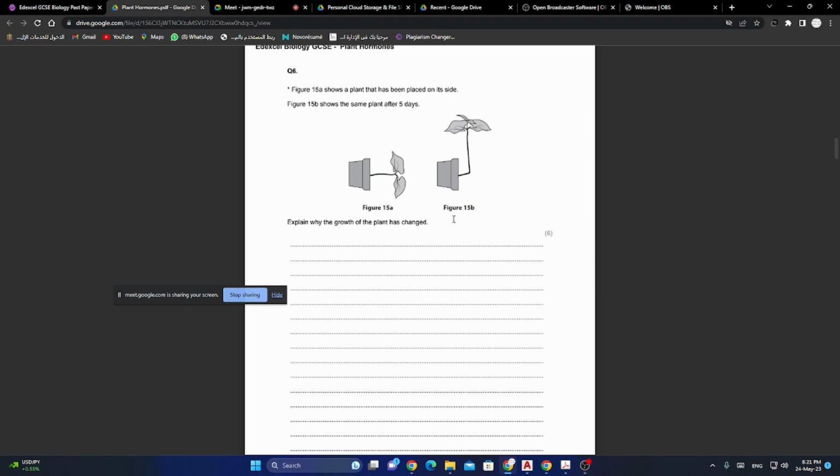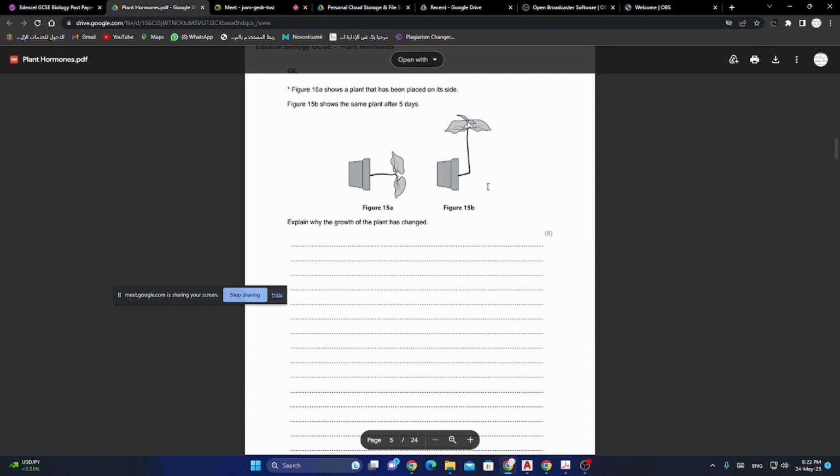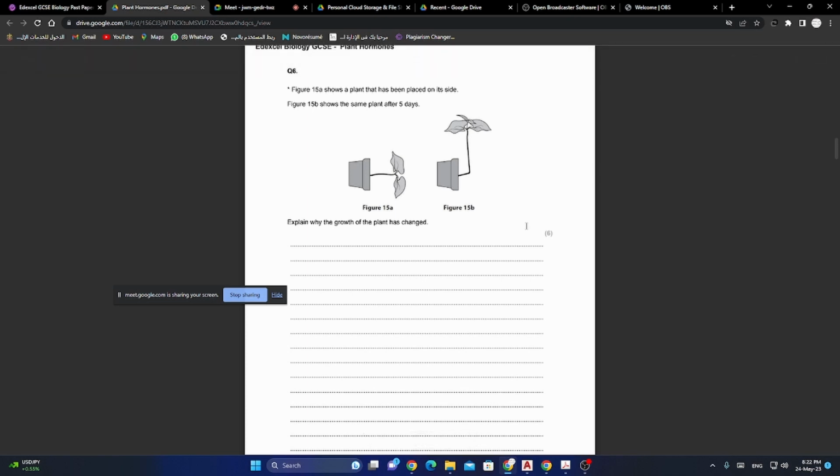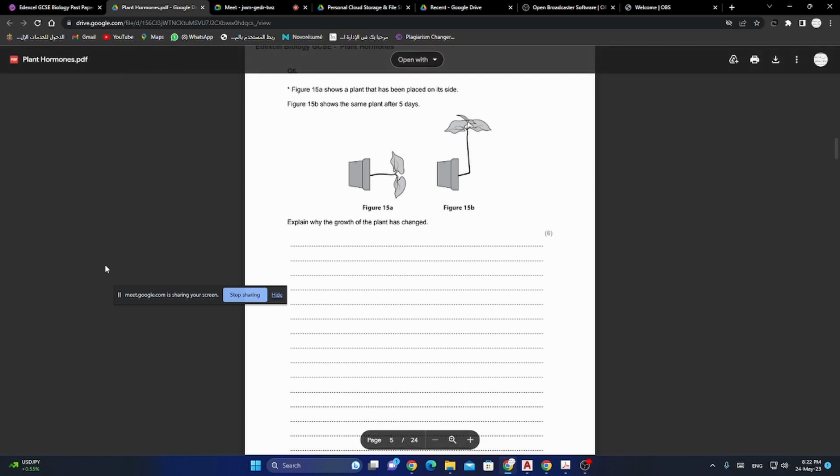Negative geotropism. Okay, so what changed after that? Yeah, basically the same thing. So again, the same thing as the last one. Auxin produced in the tip diffuses towards the shaded part, causes the shaded part to elongate, causing the plant to stand upright again.